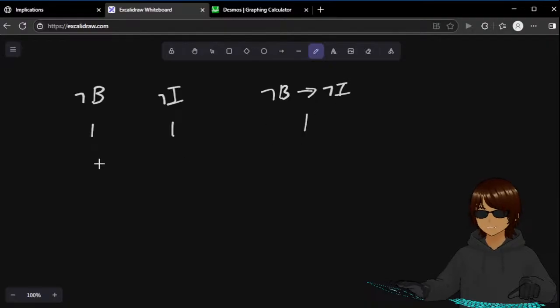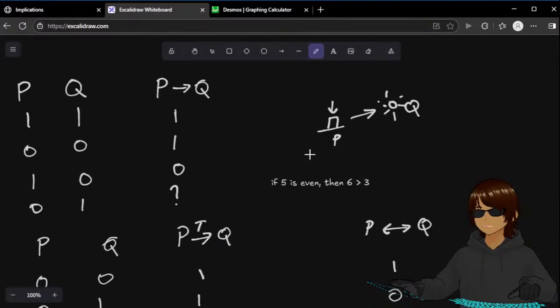Let's assume that this statement holds, if the mom is truthful. No broccoli, he gets the ice cream, and this would be false, right?